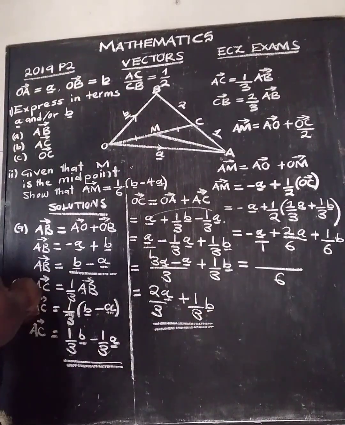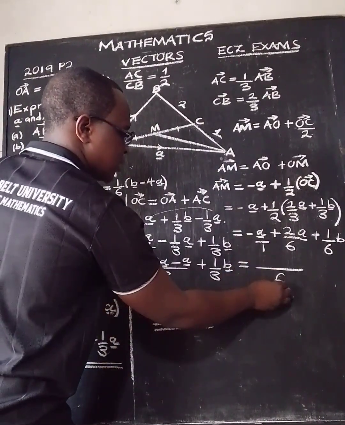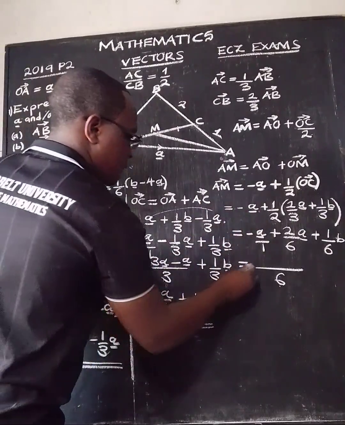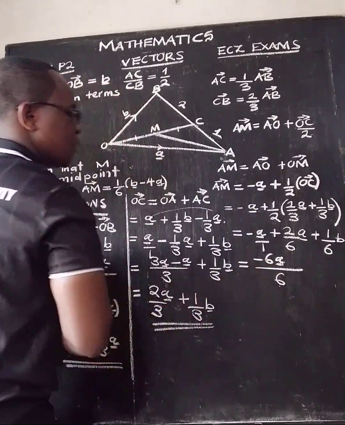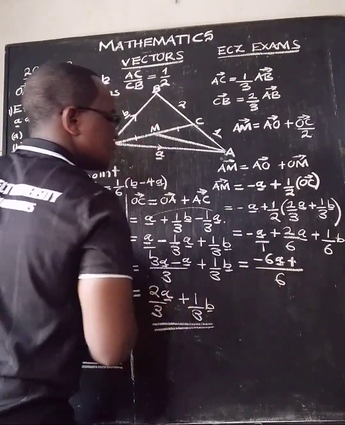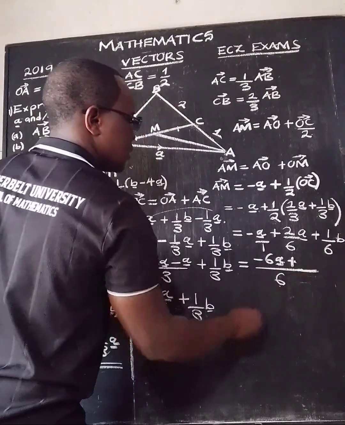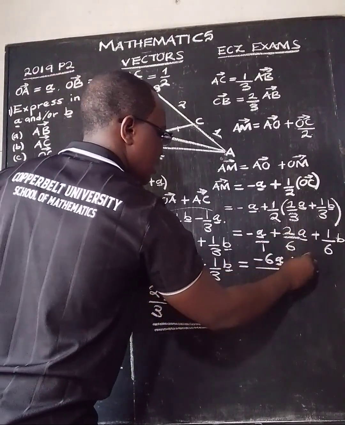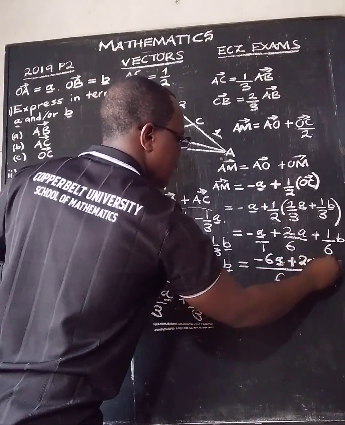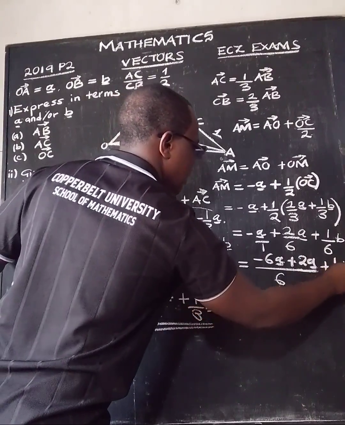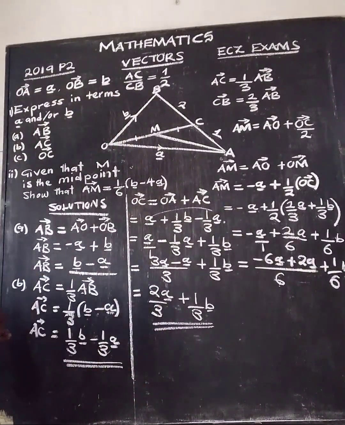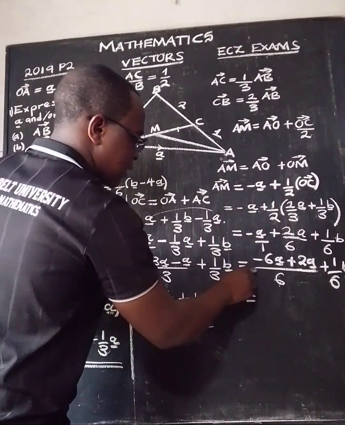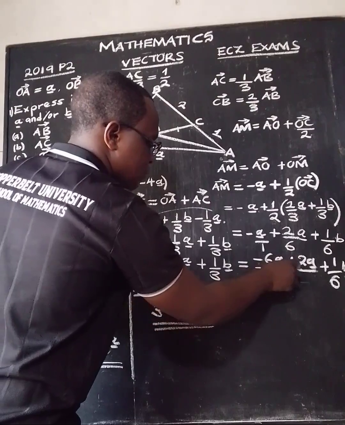Then you divide: 1 into 6, 6 times negative A, get negative 6 vector A. Then plus 6 into 6, it's 1 times 2 vector A, you get 2 vector A, then plus 1 over 6 vector B. What is negative 6 vector A plus 2 vector A?